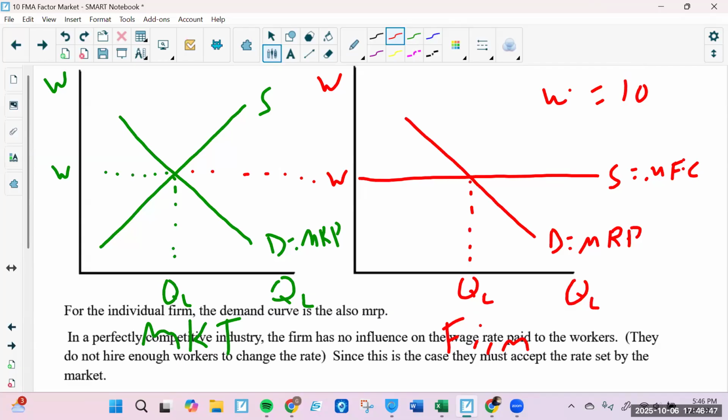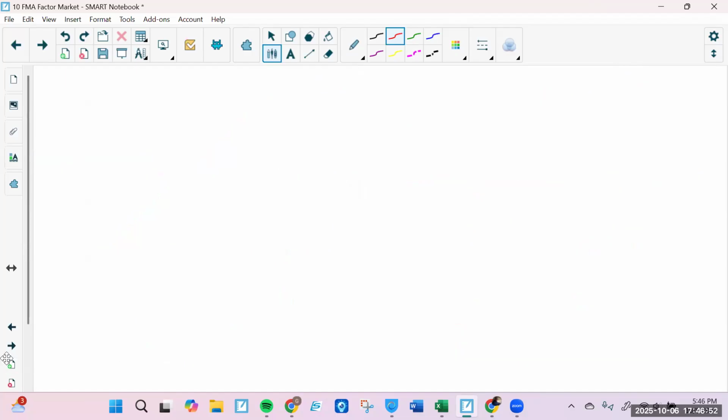So when do I stop hiring you? Okay, so the bottom line is this. Again, I'm just trying to show you this. If the marginal revenue product, the additional revenue coming in, is greater than the marginal factor cost, so the additional revenue that's coming in from hiring you is greater than the additional cost of hiring you, I would hire you, right?